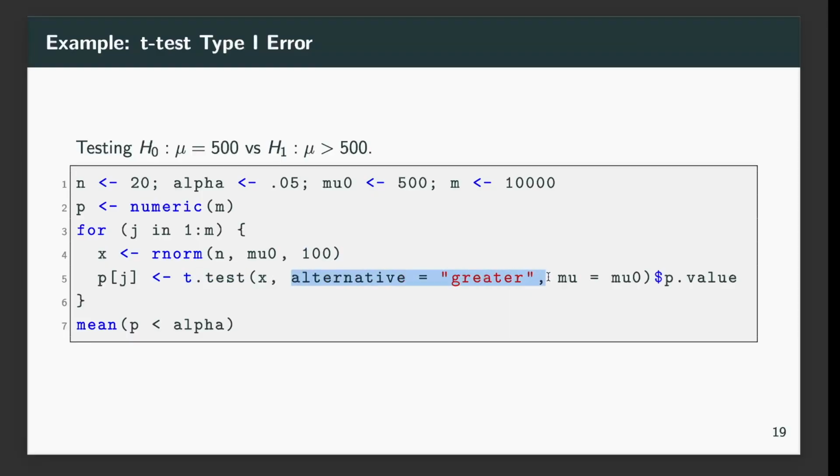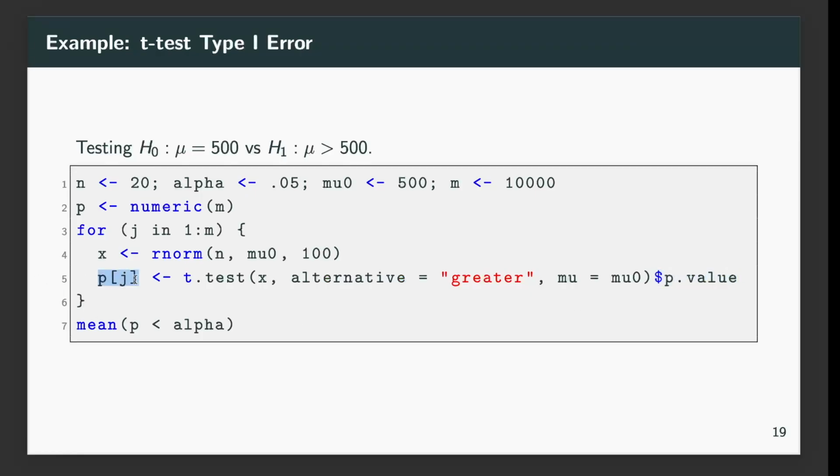Because this is a one-sided t-test, we put the alternative as greater, otherwise it will assume that it is two-sided, and mu is set to be mu naught. Because we are only interested in the p-value, not the t-test result itself, we put the dollar sign p.value. So basically we put all the p-values under pj.